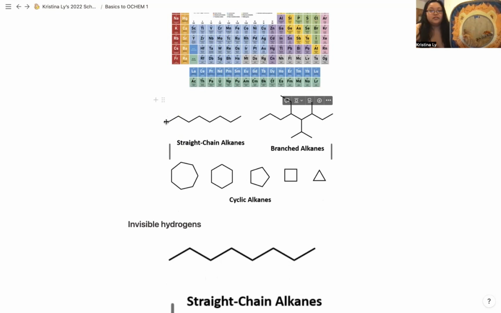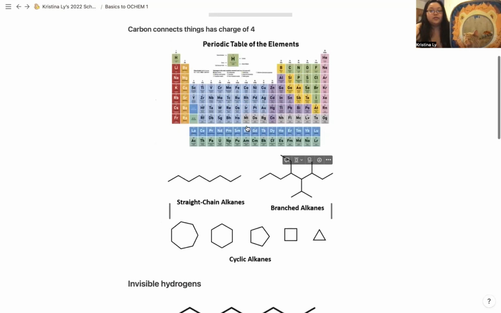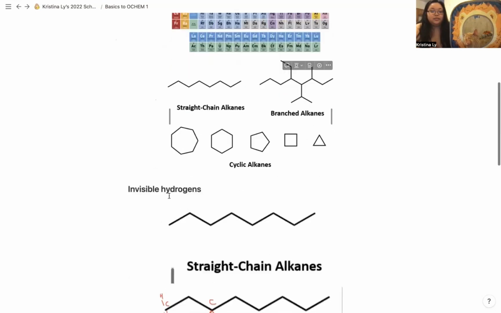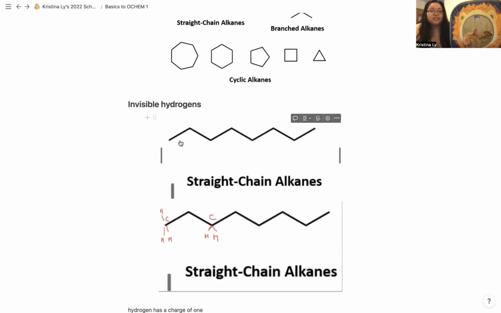As you can see, each dot would represent a carbon, and these carbons link together. Going back to saying that it has 4 charges, this is because the charges count, and then there are invisible hydrogens. I know, crazy, right? A carbon can attach to a carbon, and this bond from a carbon to a carbon is what is considered an alkyne.